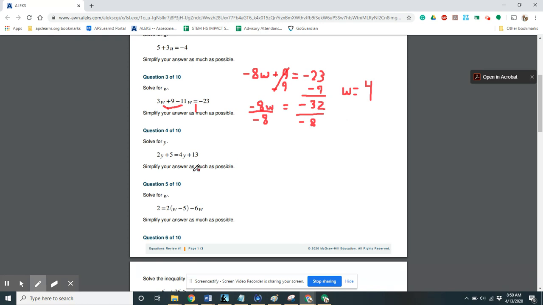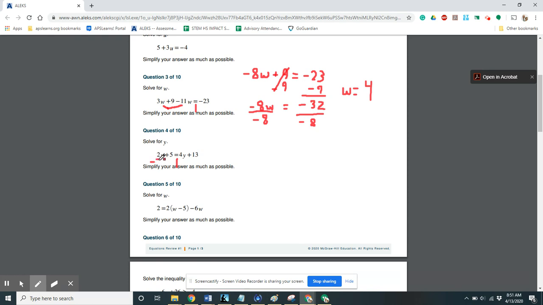Okay, this next type of problem here is different because the equal sign is here and our variables are on both sides of the equation. Whereas in this last one, they are both on the left side. Now we have one on the left side and one on the right side. So we cannot combine these. You cannot combine across an equal sign. So this time we have to get rid of them on one side.